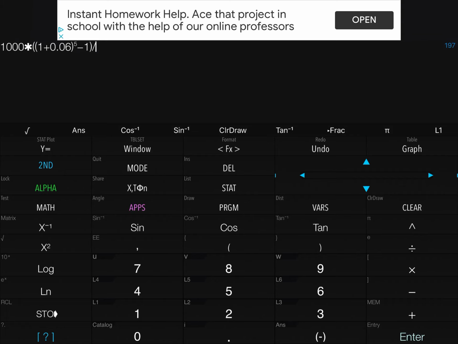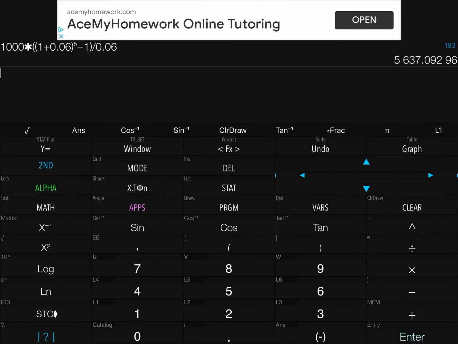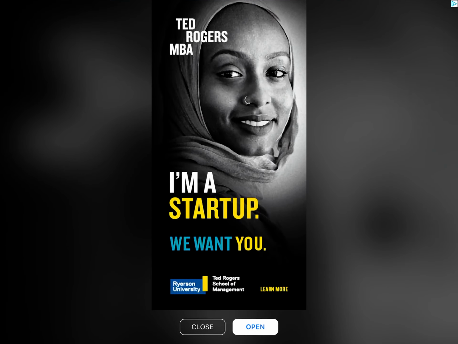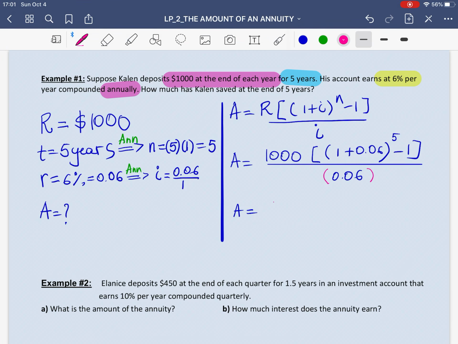We close the brackets and then divide by 0.06 again. And that will give $5,637.09.